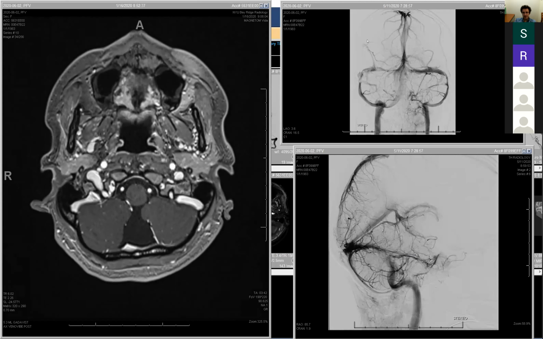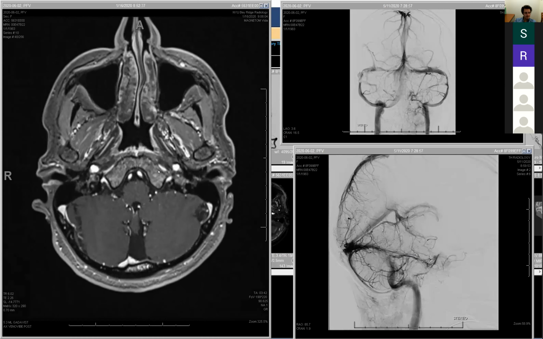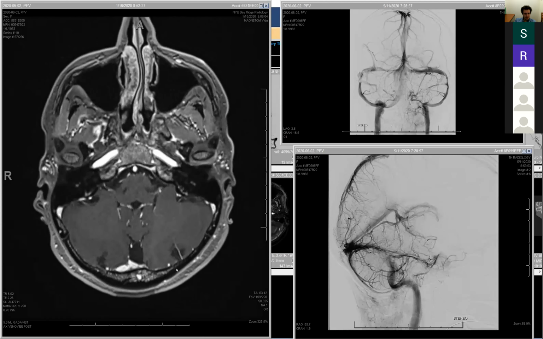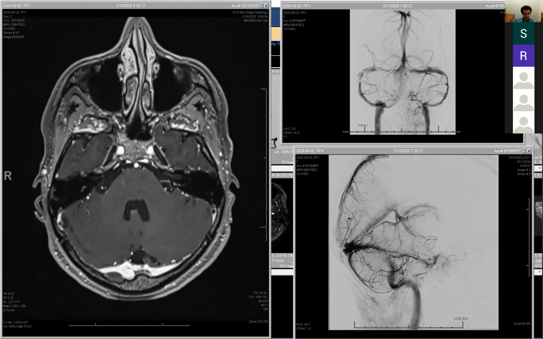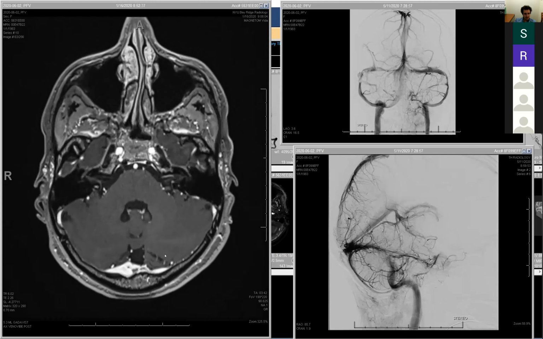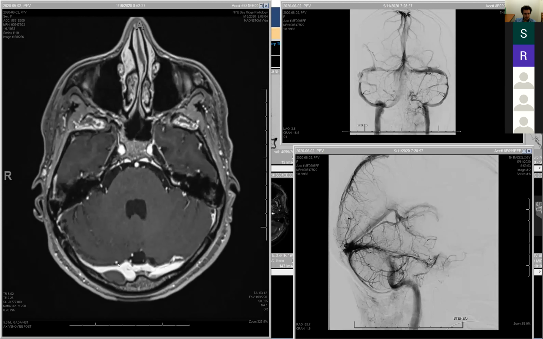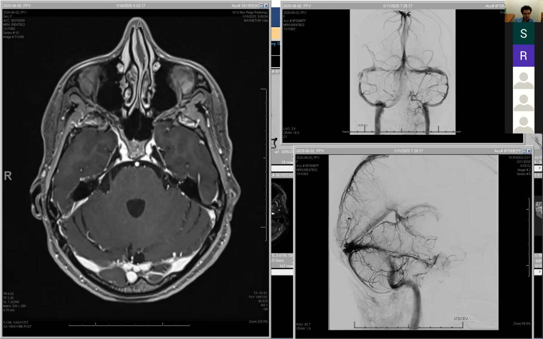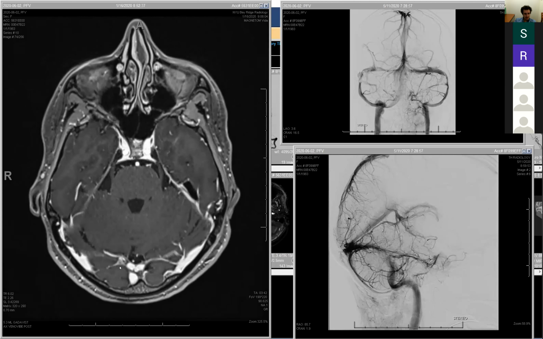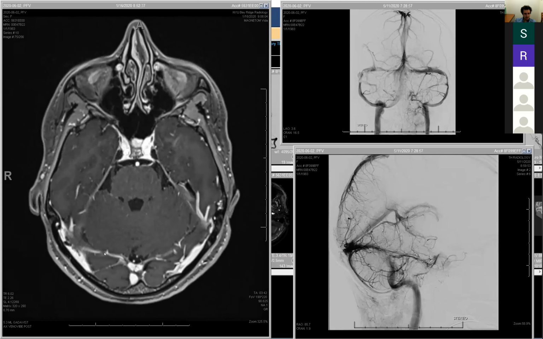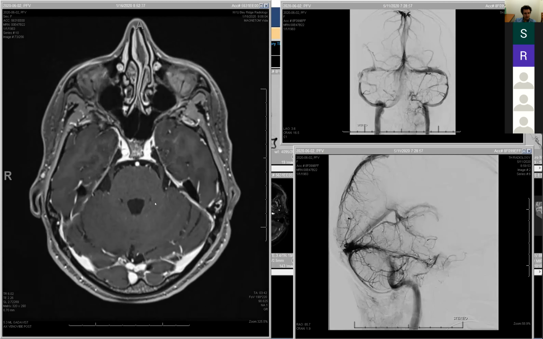Here's a superior, so this is a supratentorial dural venous channel in this patient as well. This is the posterior cerebellar vein, inferior cerebellar veins. You see how they bypass the sinuses and insert on the tentorium.